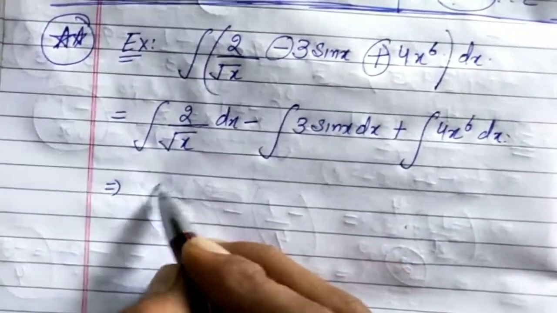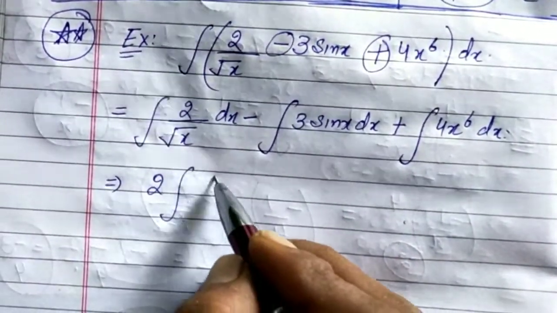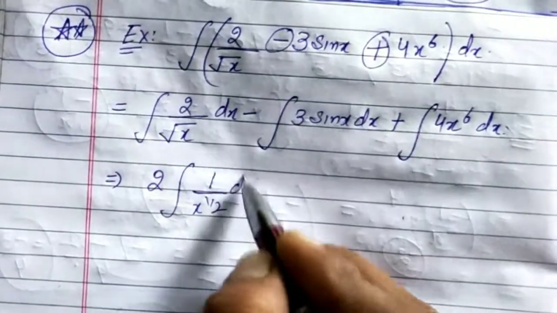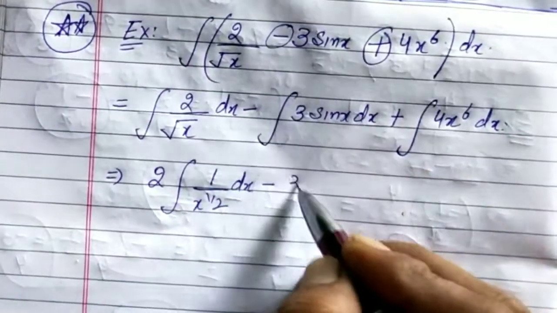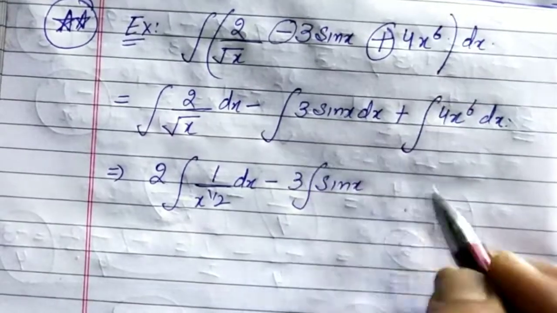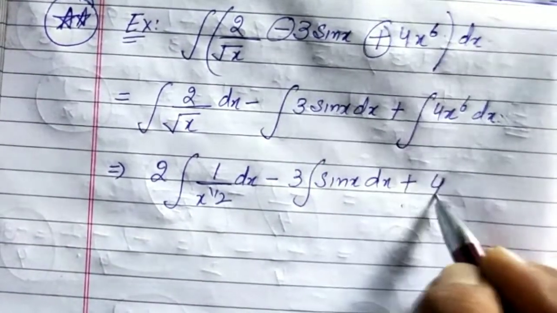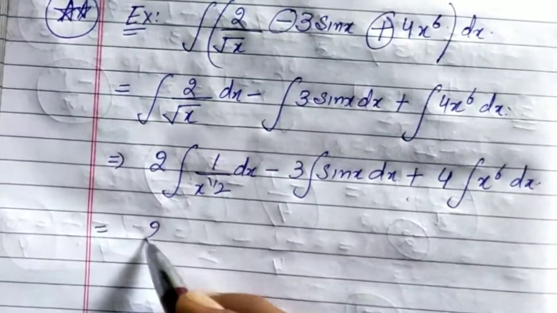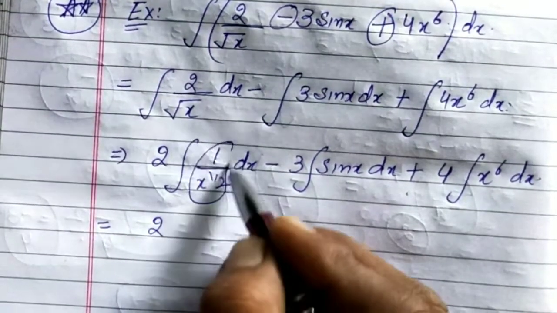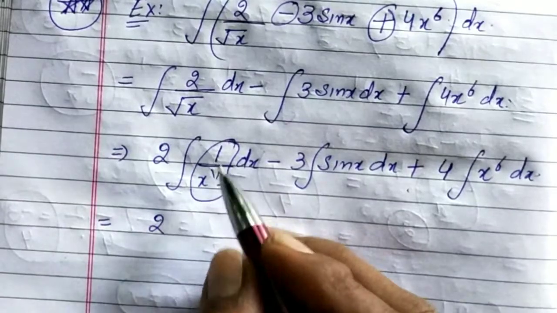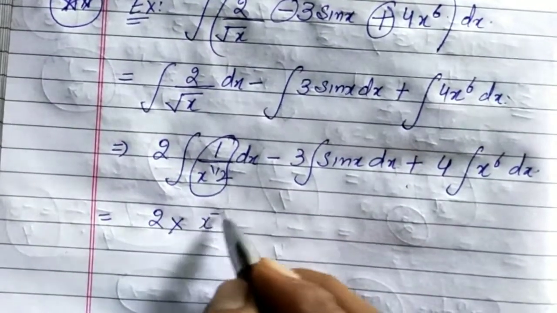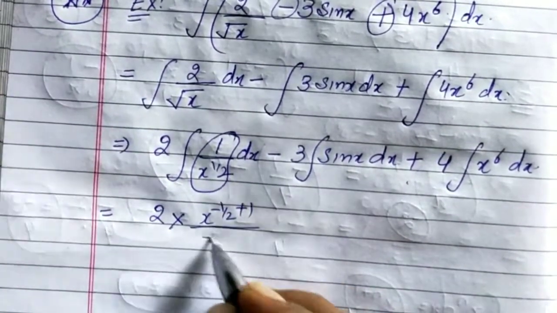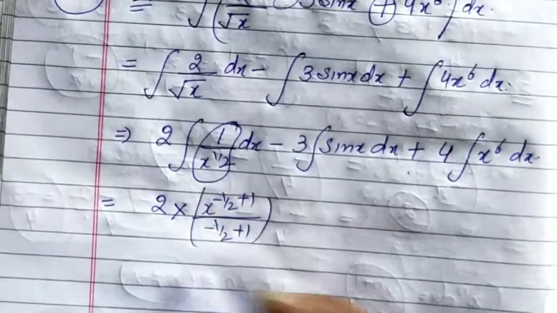Now take 2 outside, it is 1 upon root x, that is 1 upon x to the power half. Take this 3 outside, take this 4 outside. Whenever a constant is multiplied to a variable, the constant comes outside. Now 1 upon x to the power half becomes x to the power minus half, and on integration we get x to the power minus half plus 1 upon minus half plus 1.